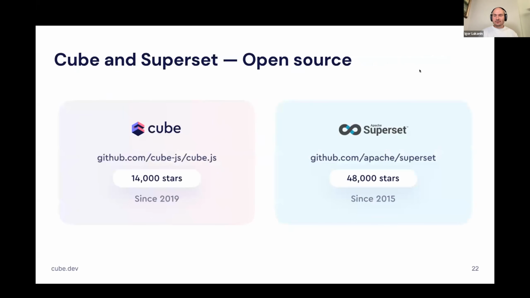So first of all, both products are open source. Cube was created in 2019, as a result of pivoting another data startup called StatsBot. And Superset, as far as I know, and I think I know it right, was created by a great person, Maxime Beauchemin, who worked at Airbnb, right?